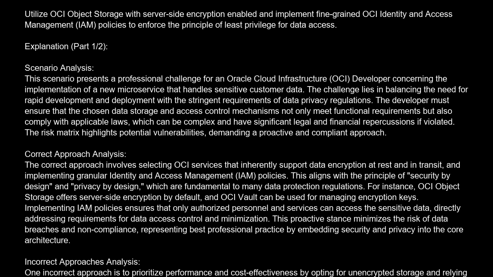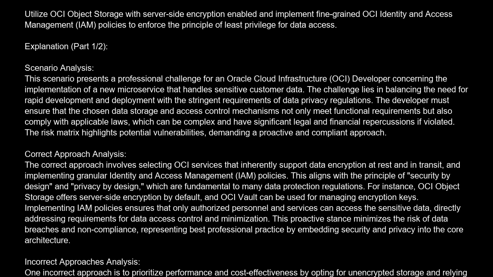An OCI Vault can be used for managing encryption keys. Implementing IAM policies ensures that only authorized personnel and services can access the sensitive data, directly addressing requirements for data access control and minimization. This proactive stance minimizes the risk of data breaches and noncompliance, representing best professional practice by embedding security and privacy into the core architecture.